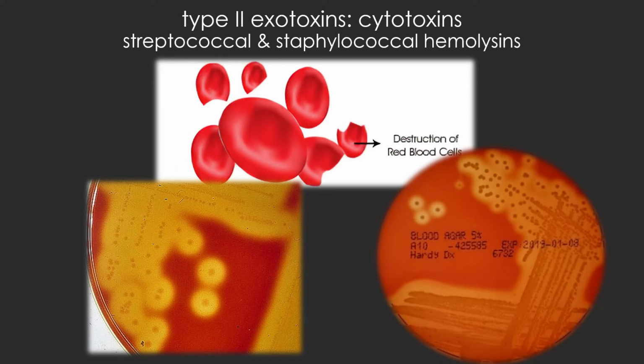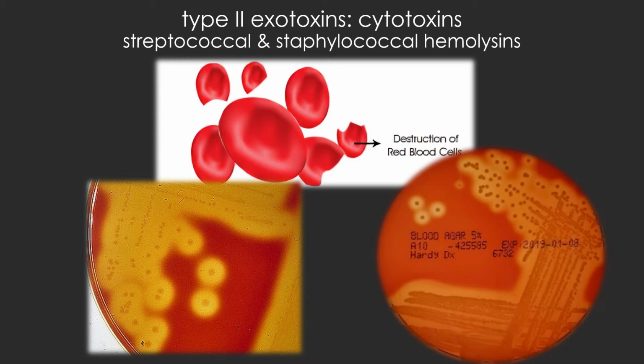Type 2 exotoxins, on the other hand, damage the membrane of cells, which typically results in the cell dying. So we call them cytotoxins because they're cell killers. So type 1 are not cell killers, type 2 are cytotoxins, the ones we're talking about here, and they kill the cells that they target.